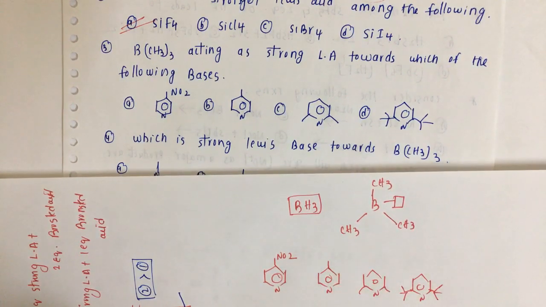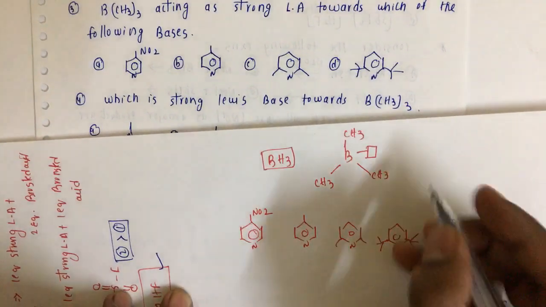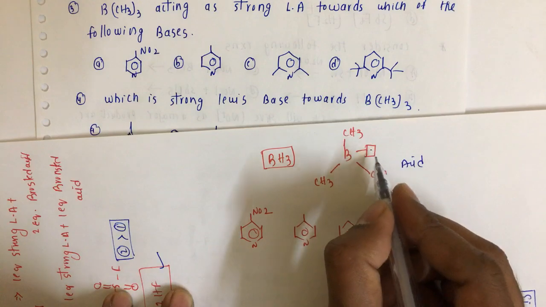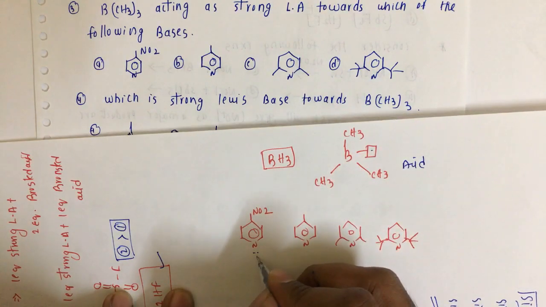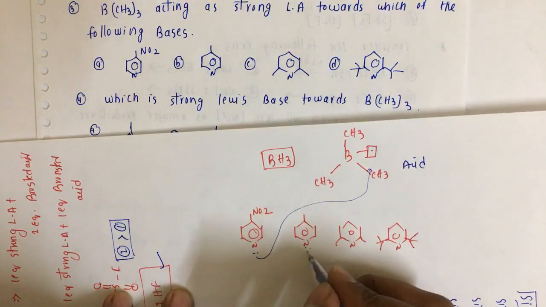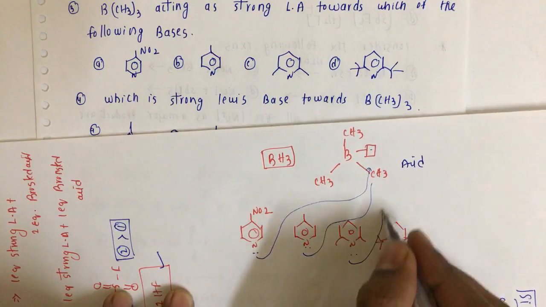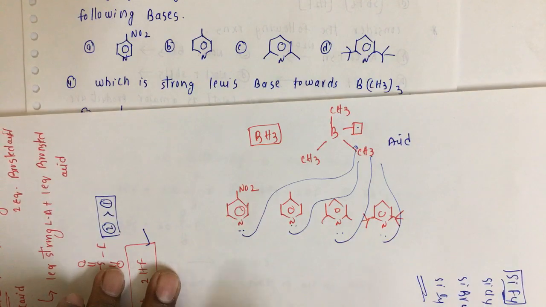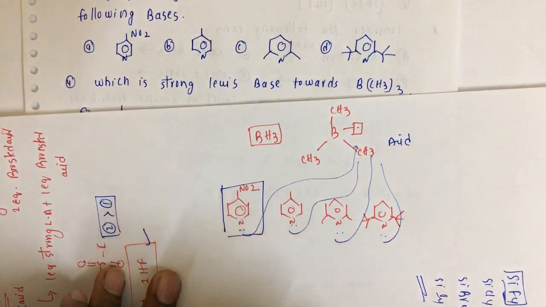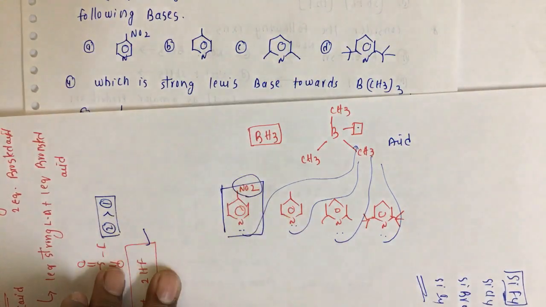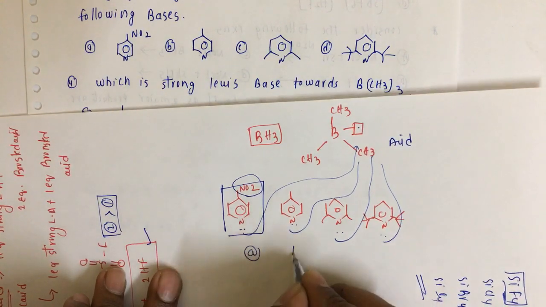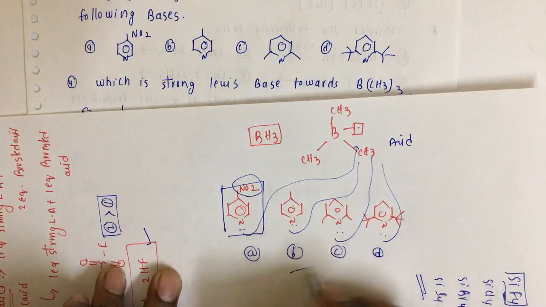Definitely this vacant orbital takes the lone pair. Which is more favorable? By elimination we can remove the one with the electron withdrawing group, so the answer will be among these three.